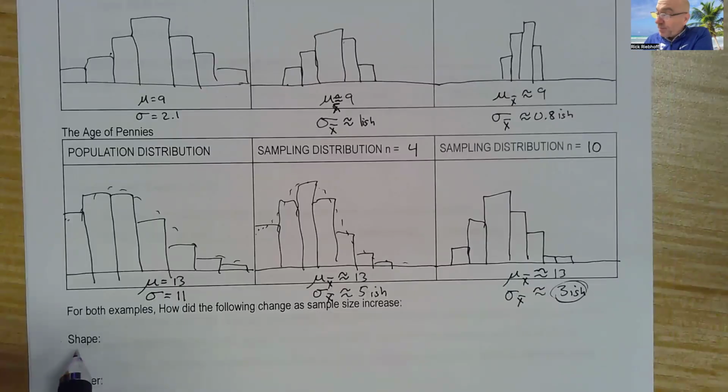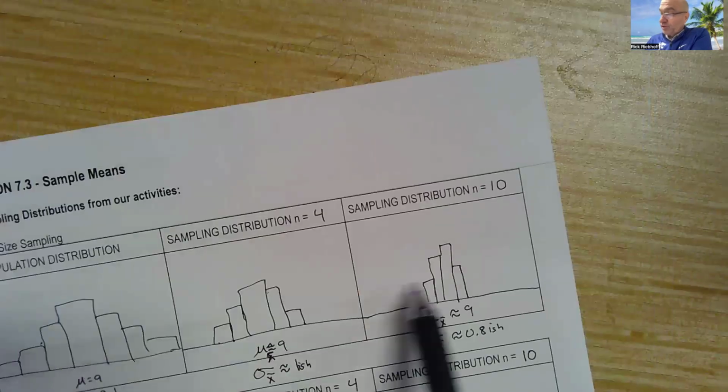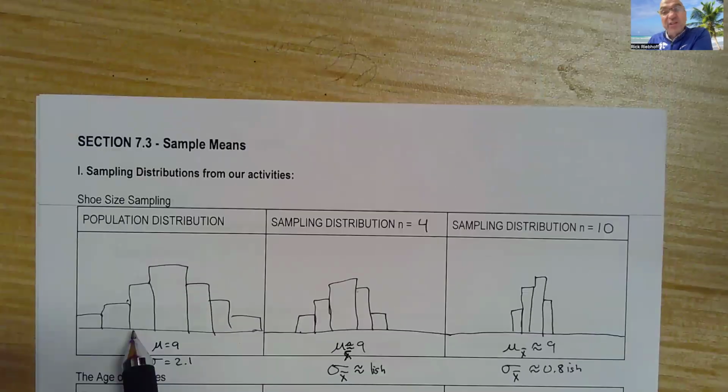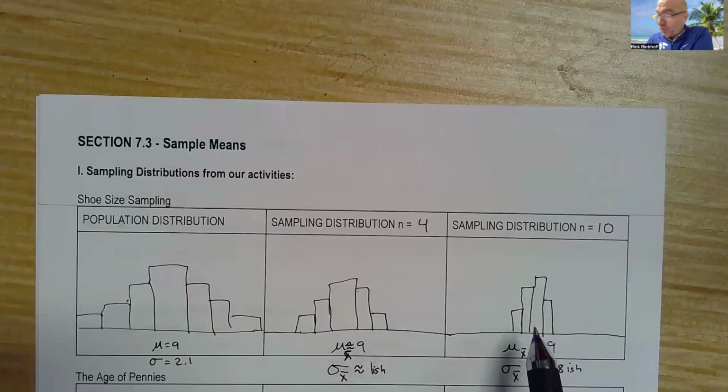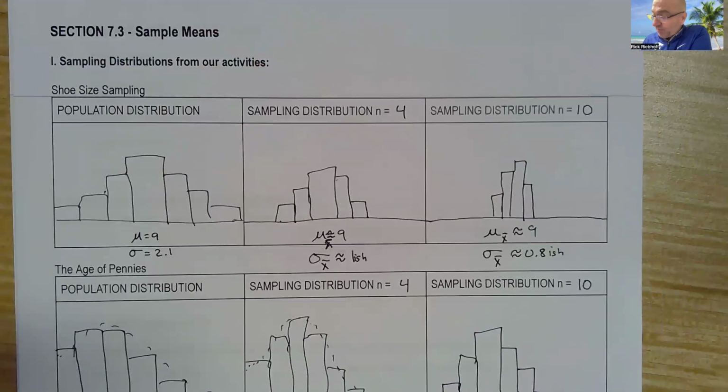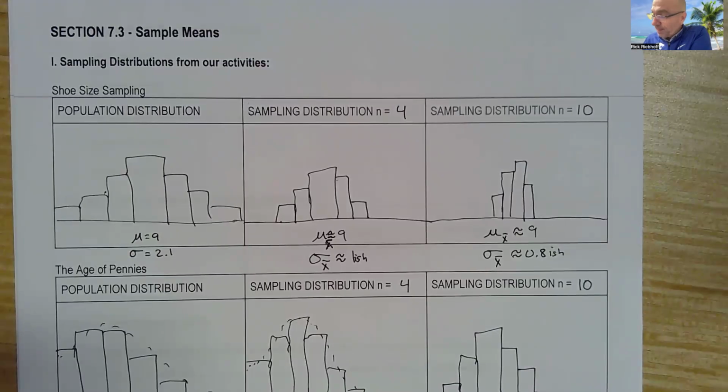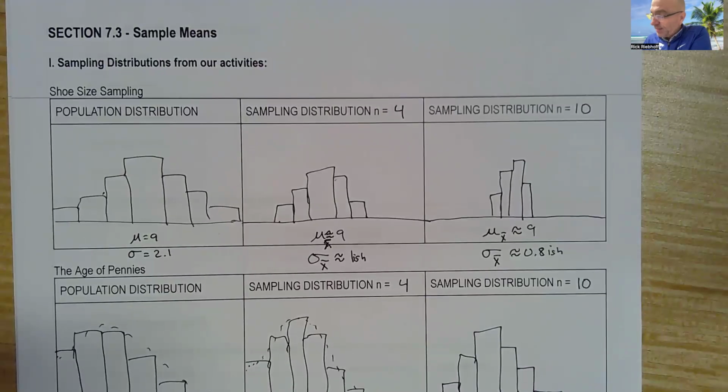Well, for shape, let's look at our shoes. Shoes started off being symmetric, or kind of normal-ish, right, distribution, and it stayed pretty symmetric and pretty normal-ish. If it started with symmetric or normal-ish, it stayed symmetric, normal.